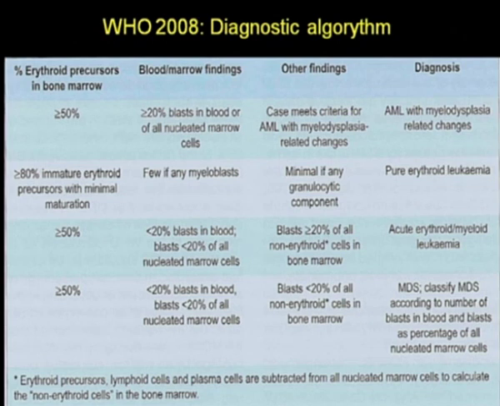But, and this is new in this classification, after you follow this algorithm and you are in this context, you should classify the subtype of MDS according to the percentage of blasts obtained in the original myelogram, performed on all nucleated cells.